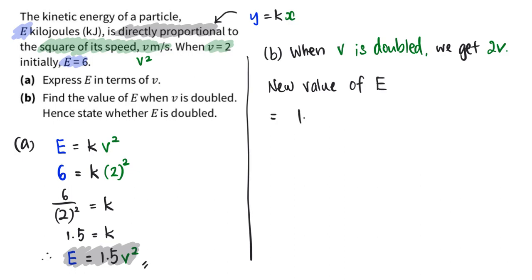That will be 1.5 times V square, but my V square is no longer V square, it's 2V square. And it is still here. And this one will be 2 times 2, 4V square.